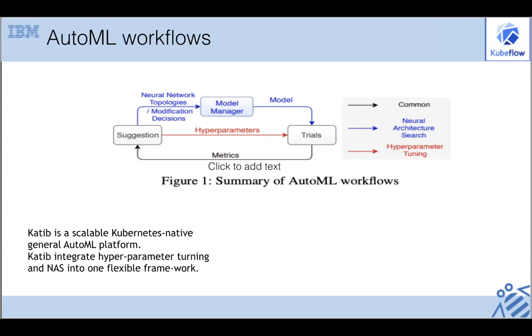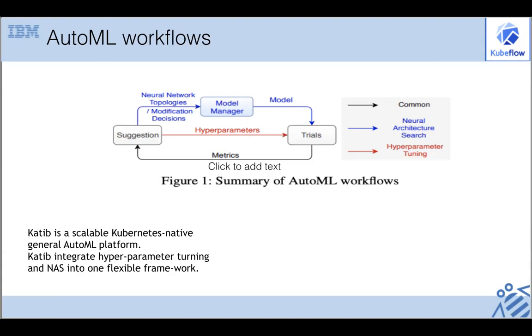So the design principle for the KDIP is from automated machine learning, which is a powerful mechanism to design and tune models. All the auto machine learning workflow runs in an iterative manner and integrates all models, representation, and interpretation functions needed by different neural architecture search algorithms into the model manager.